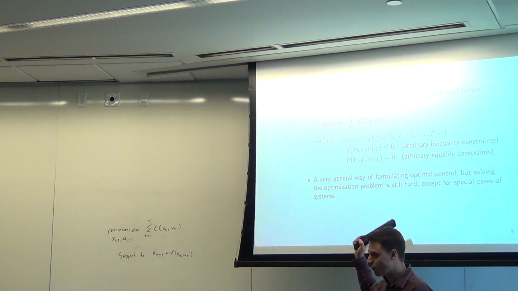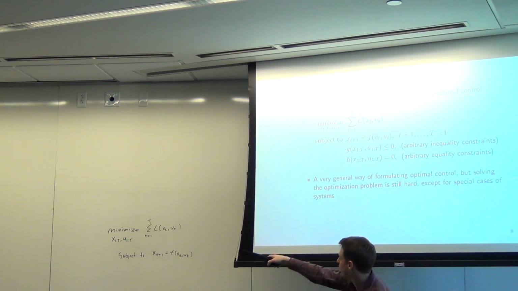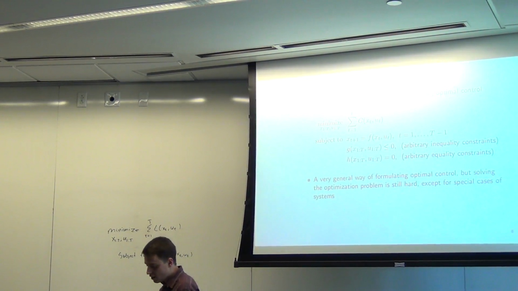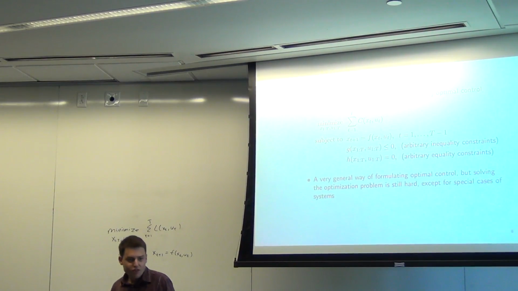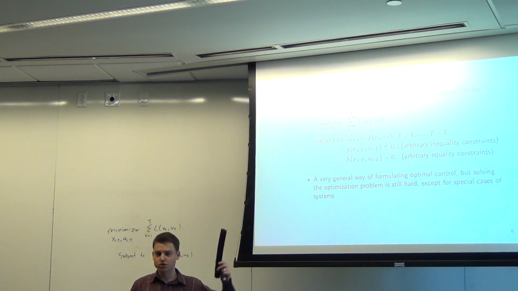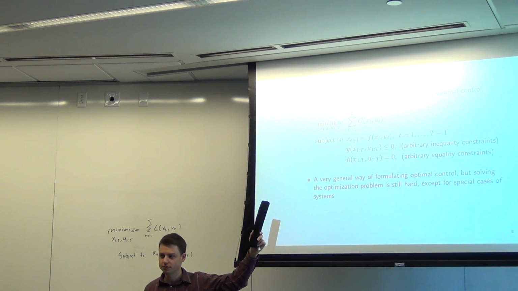I'm not going to write those two, but of course these two things are also in our formulation. It's great that we can write it this way, but unless we have a very specific case of dynamics, it can be hard to actually do anything with a formulation like this.